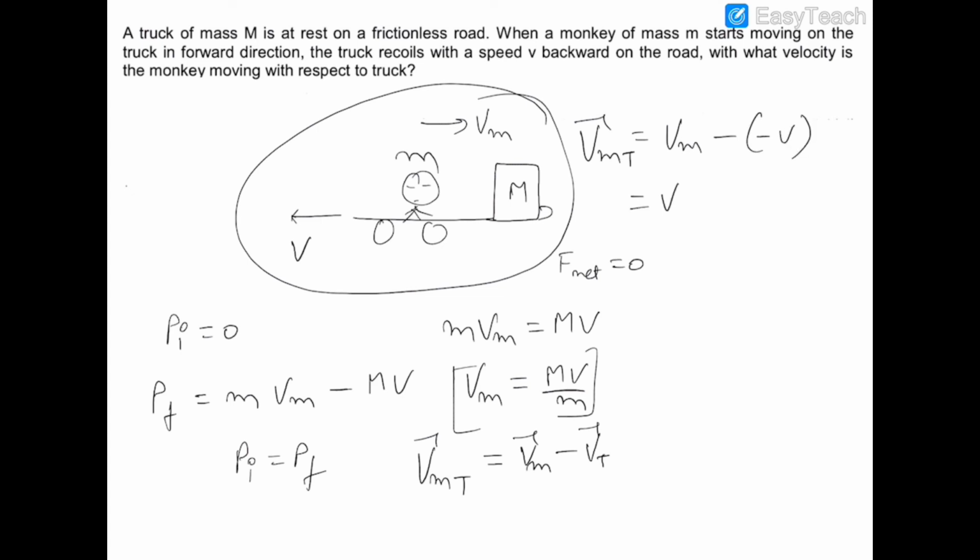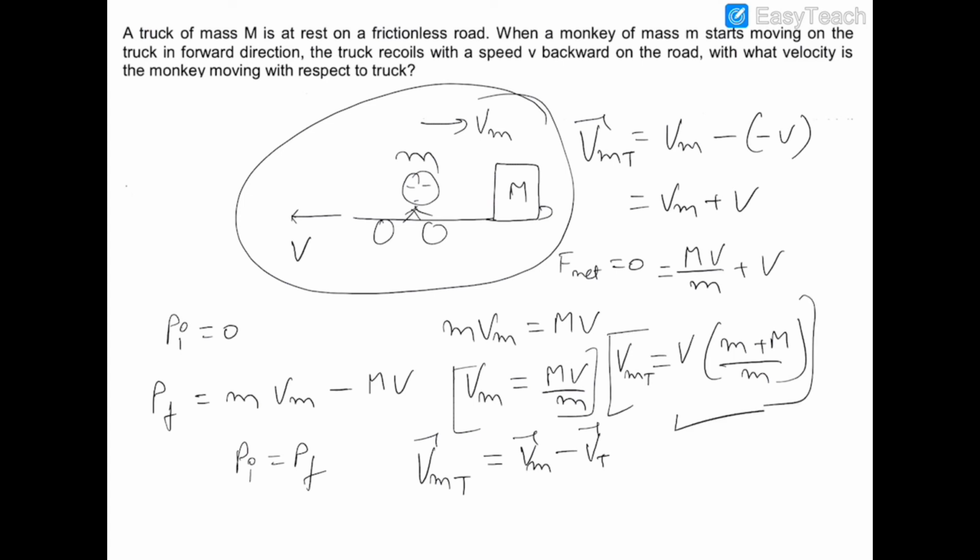So this is vm plus v, and vm is equal to mv upon m plus v. So v is common, m plus m by m. This is the velocity of monkey with respect to truck.